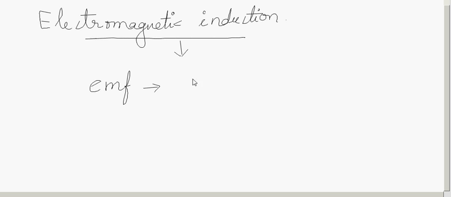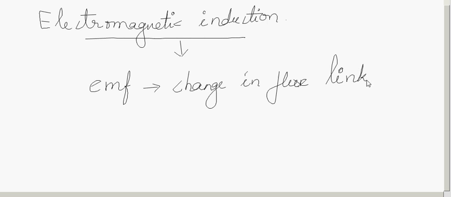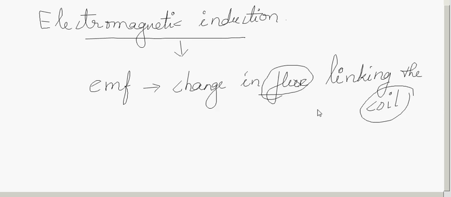EMF is induced due to change in flux linking the coil. Therefore, you can consider what all we need. We need a coil and we need a flux. Now, in AC generator, the change in flux is obtained by rotating the coil.